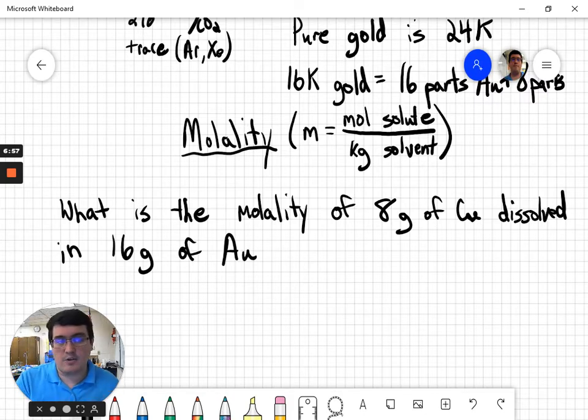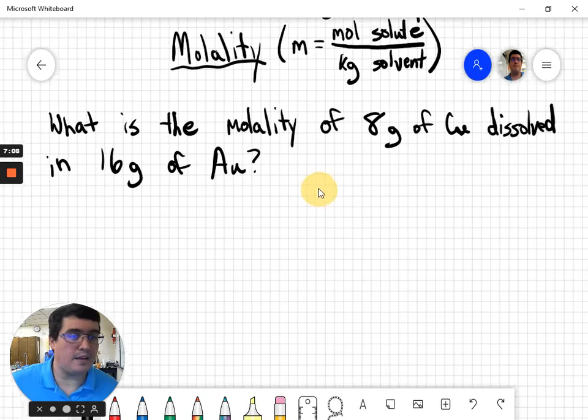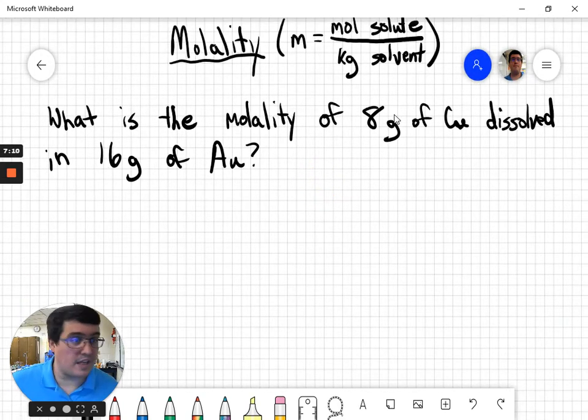So if I take 8 grams of copper dissolved in 16 grams of gold, I've made 16 karat gold. It'll probably be a nice yellow color. That's how you make 24 parts, right? 8 plus 16 gives me 24. So we have 16 parts gold, 8 parts copper.